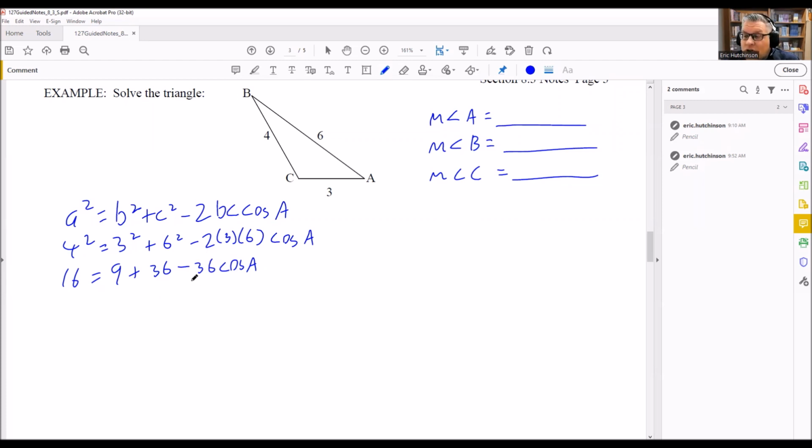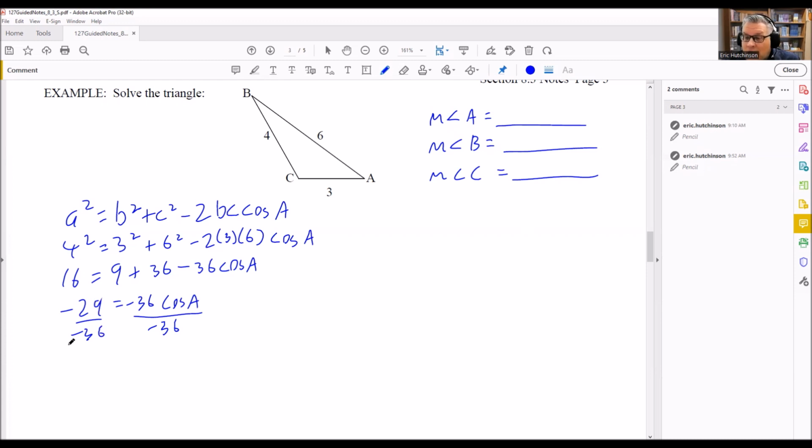So we need to isolate this part that has the cosine in it. So I'm going to subtract the 9 and the 36 over to the other side. So 16 minus 9 minus 36 is going to give us negative 29 equals negative 36 cosine A. Now we're going to divide both sides by negative 36.